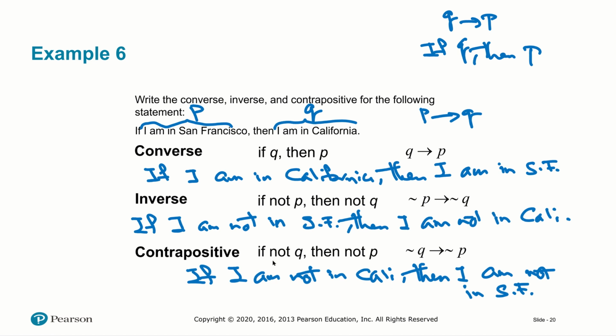So if we're only focused on that one San Francisco in this statement, then notice that this would also become true. So we have to have the caveat that we're only dealing with this particular San Francisco. And if that's the case, then this statement becomes true. So if a statement is true, its contrapositive is also going to be true. All right, and we'll see that again in using truth tables in a minute.